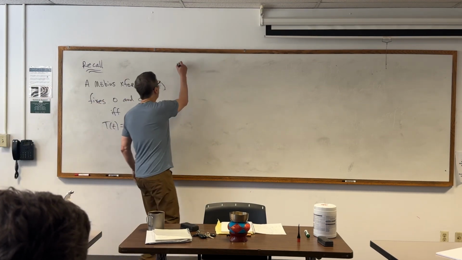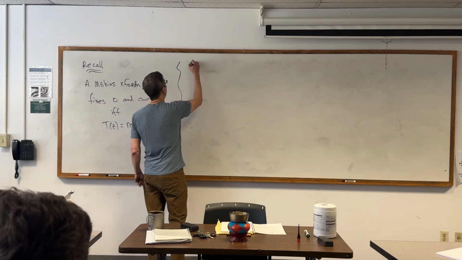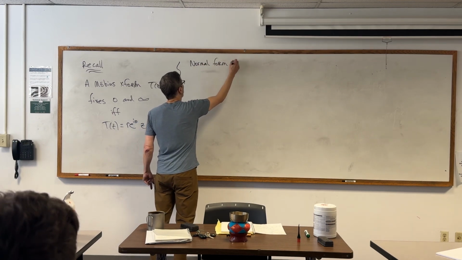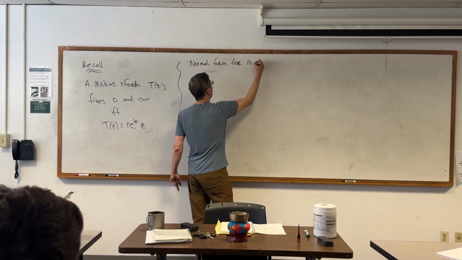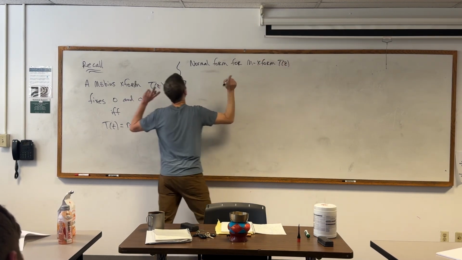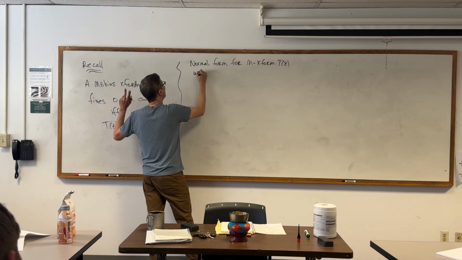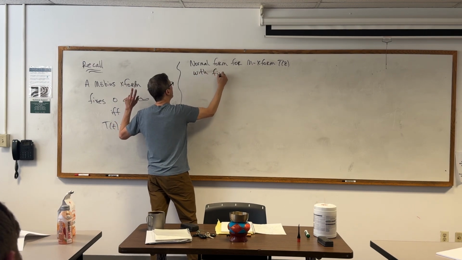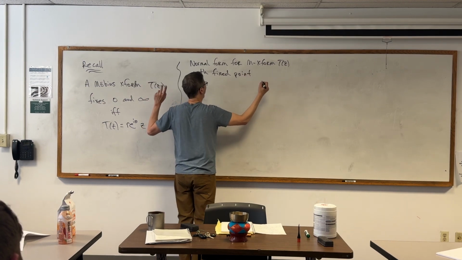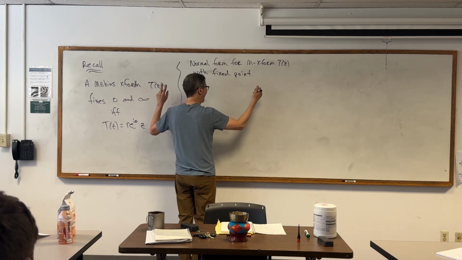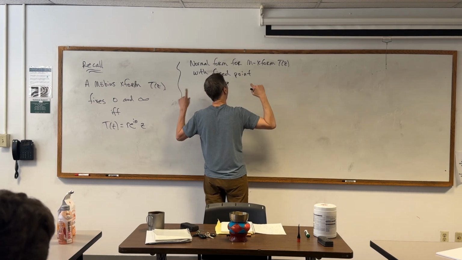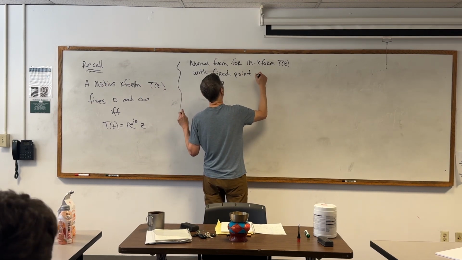So now what we're going to do is talk about normal form for a Mobius transformation T of Z with two distinct fixed points. This is actually really cool, and I think I understand it now. It used to freak me out, but it doesn't anymore.